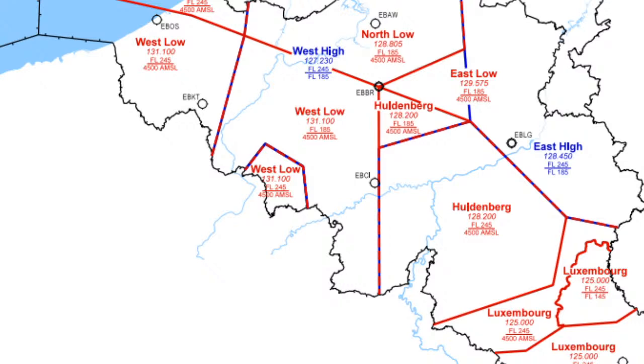Now, probably you will ask me, okay, that's very beautiful, but what happens above flight level 245? It's a structure that is very typical to Belgium and the Netherlands and also northern Germany in Europe. It's another unit that takes care of the upper airspace above flight level 245.